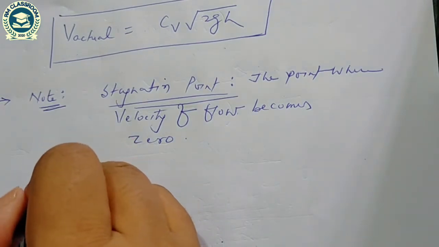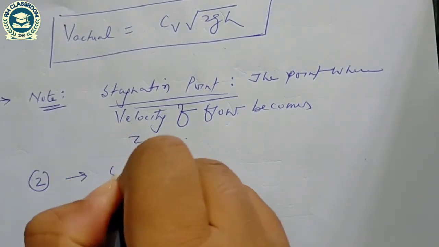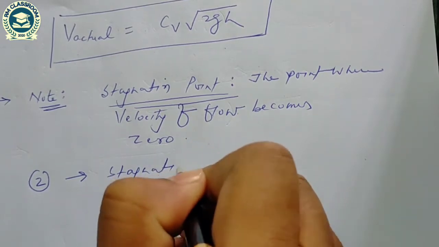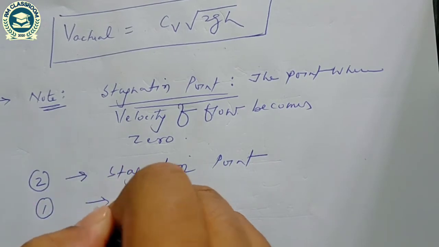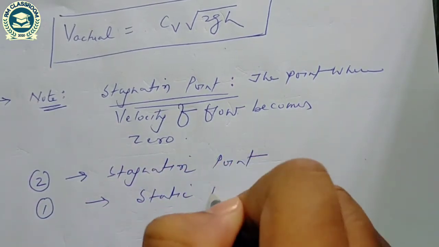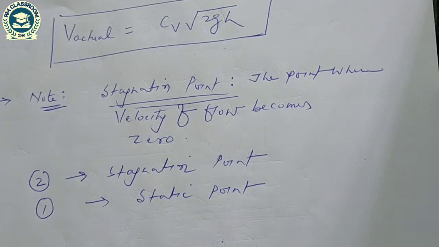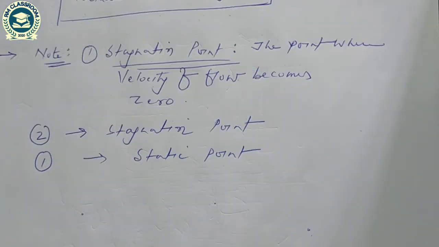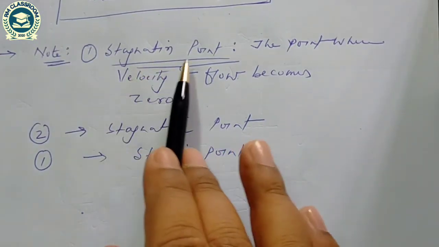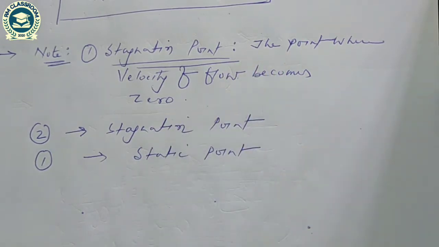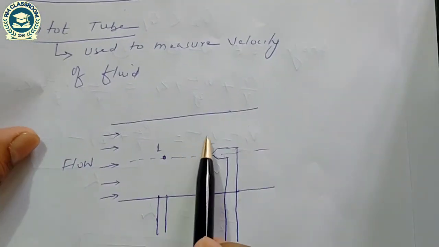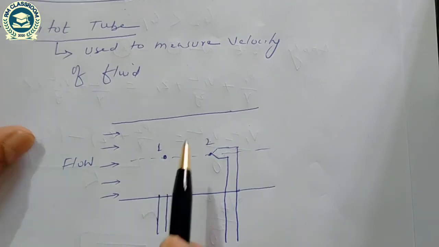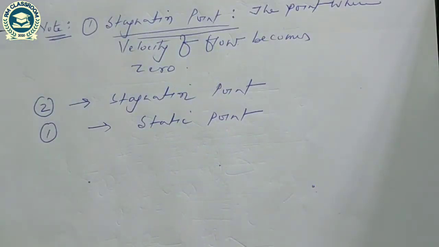So point 2 is the stagnation point, and point 1 is the static point. I have discussed the stagnation point, the point where velocity of flow becomes 0, and I have shown in the figure that this point is known as the stagnation point and this point is known as the static point.